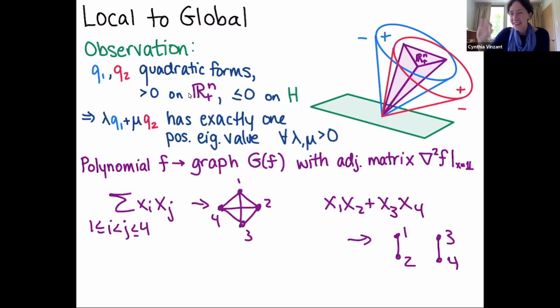And I forget all the weights. I throw away, I keep only the discrete information. I'm really just asking what pairs of variables show up in a common denominator.